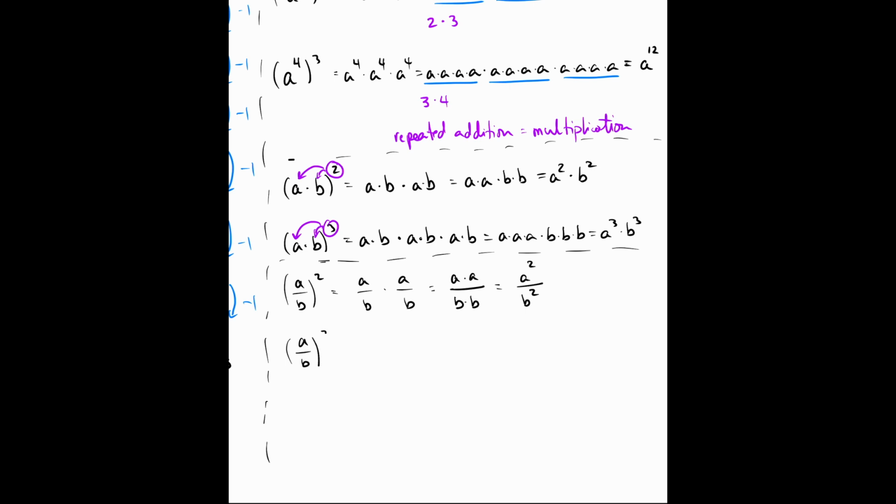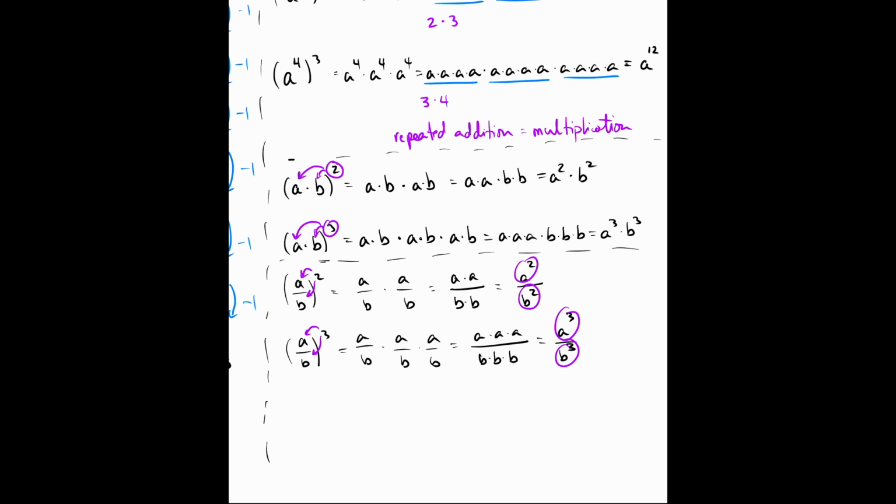And now we can rewrite the repeated multiplication with exponents. If we do this to the third power, same kind of idea. We multiply the quotient by itself 3 times. We can write it as a single fraction because we multiply the numerators and we multiply the denominators. We rewrite the repeated multiplication as exponents, and with a little bit of observation, we again realize that the exponent is almost like it's getting distributed to the numerator and the denominator.